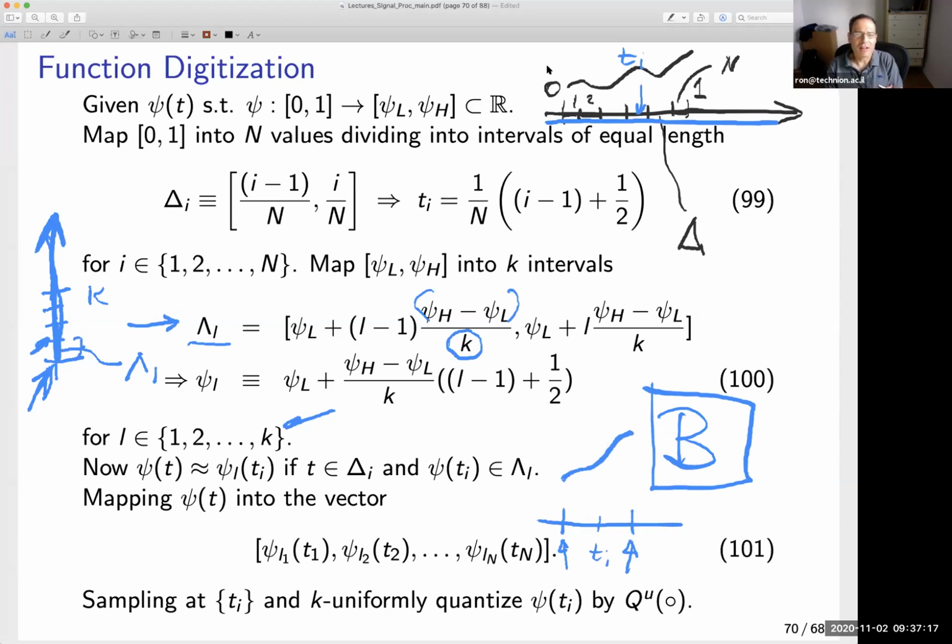Assume that I can use only a single number to represent this smooth function. What would be my best choice using MSE? You should know by now. Somebody? I have to replace this smooth function with a single number. The average. Sorry? The average. Average. So Mark or Omer were saying the average.